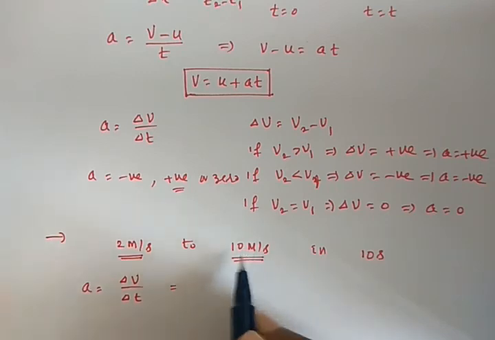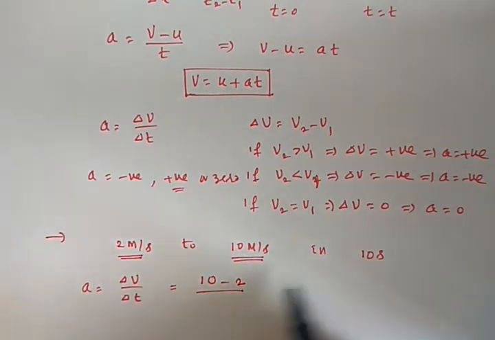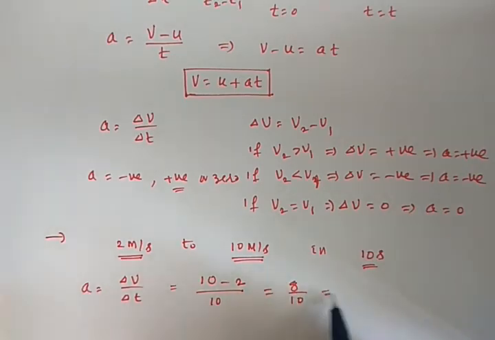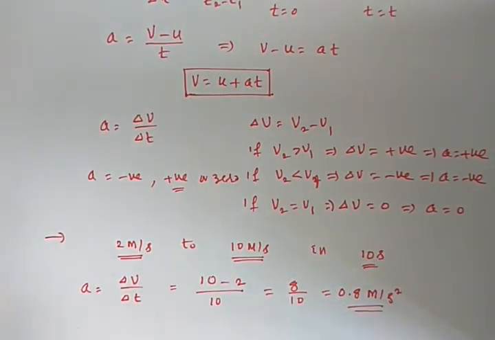So final velocity is 10, and initial velocity is 2. That happened in time 10 seconds. So that equals 10 minus 2, which is 8, by 10. That is 0.8 meter per second square. This is the acceleration of the body.